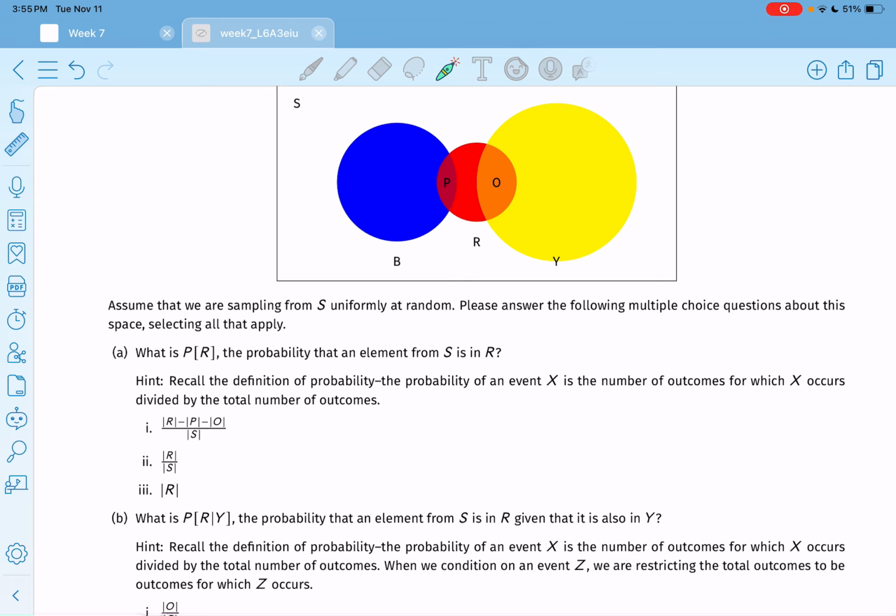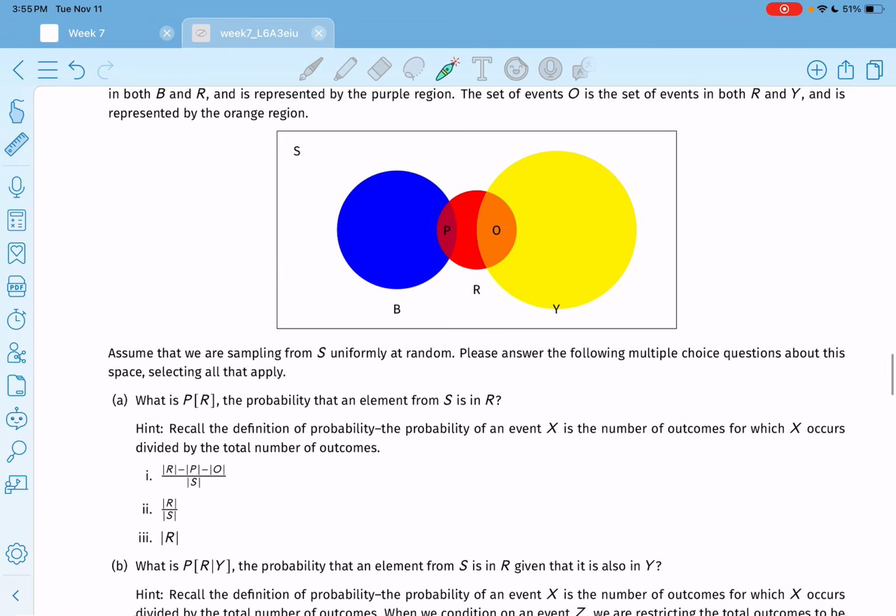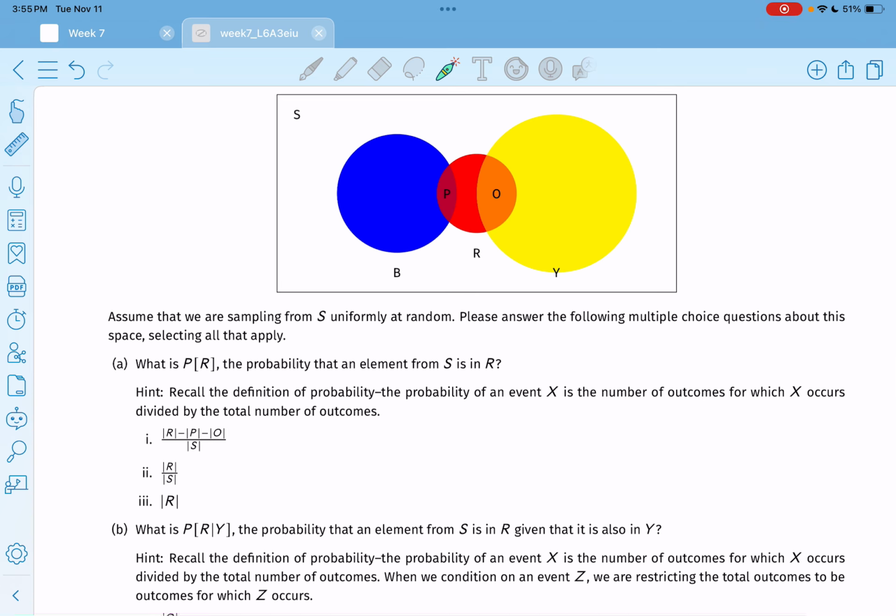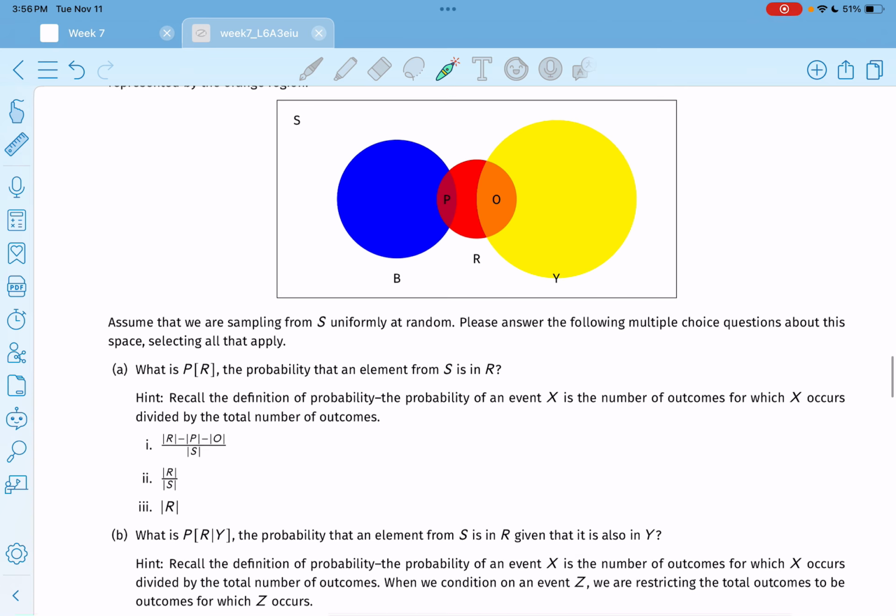What is P of R, which is the probability that an event from S is in R? So we are given the event is in S, which is this whole box, and we want to know what is the probability that it is in R. Recall that the definition of the probability of event X is the number of outcomes for which X occurs divided by the total number of outcomes in the whole area.